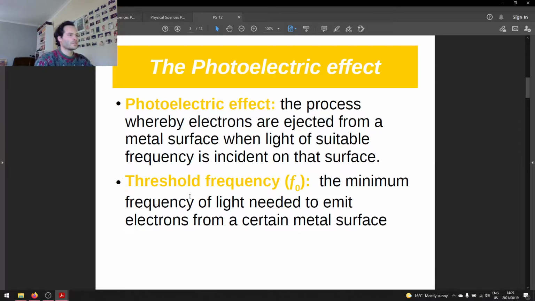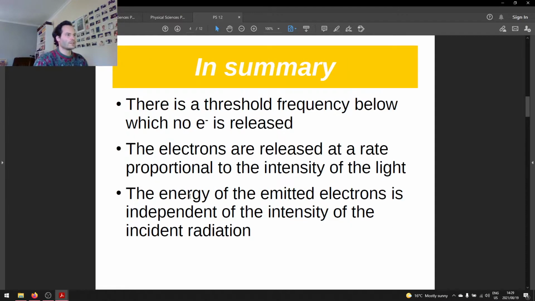The photons need to have sufficient energy in order for electrons to be released. So in summary, there's a threshold frequency below which no electrons are released. If I shine a light with a lower frequency than the threshold frequency, no electrons are going to be released from the metal surface.